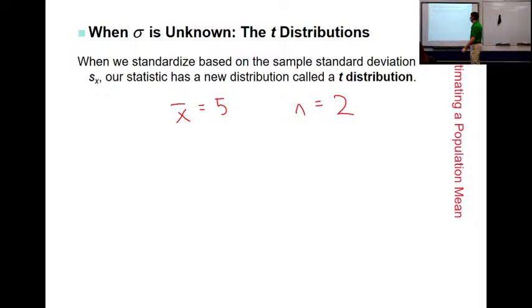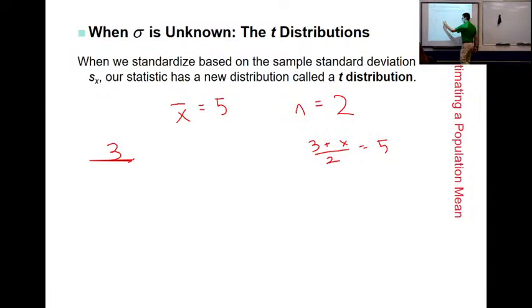No, not yet. What if I told you the first number in the list was 3? Can you guarantee me what the second number is now? Yes, you can. What does the second number have to be in order for the mean to be 5? Add up all the numbers and divide by how many there are, and I want that to be 5.